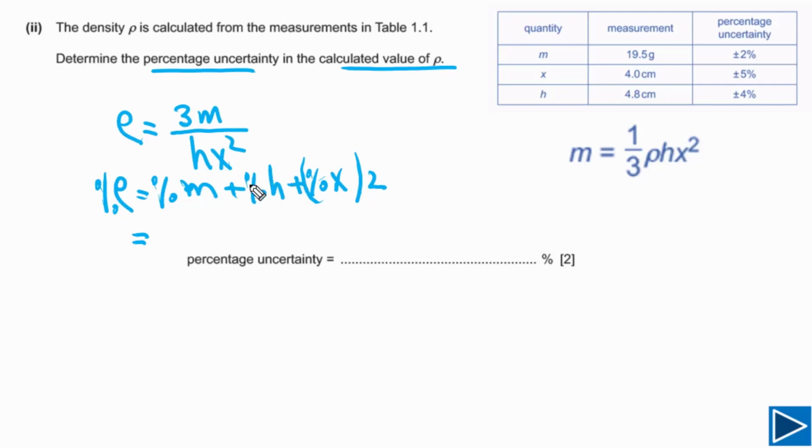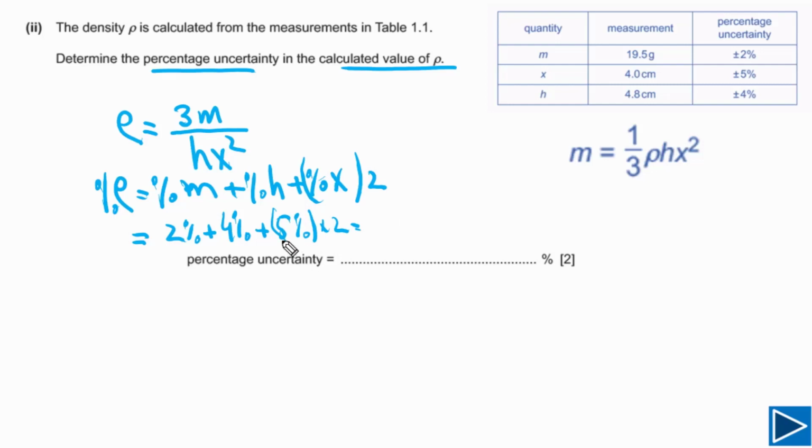The percentage uncertainty in M, as given in this table, is 2%. The percentage uncertainty in H is given, that is 4%. And the percentage uncertainty in X is 5%, we need to multiply this by 2.